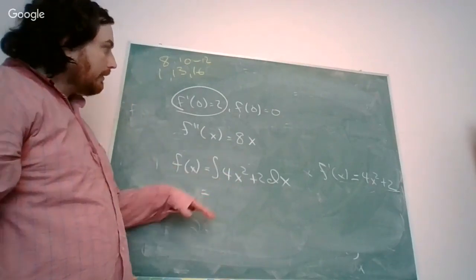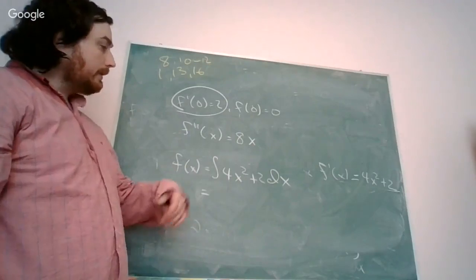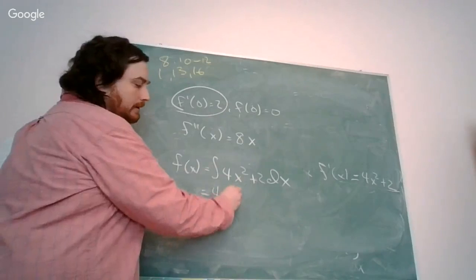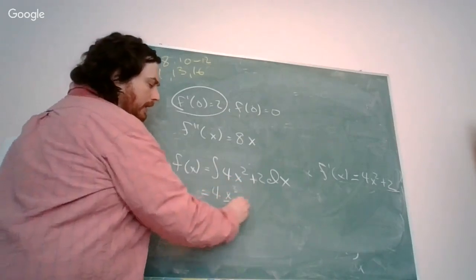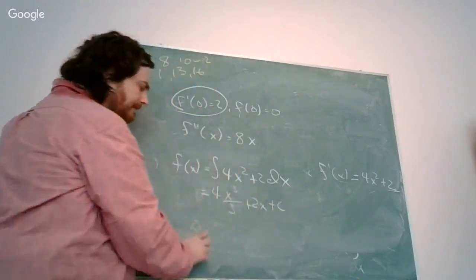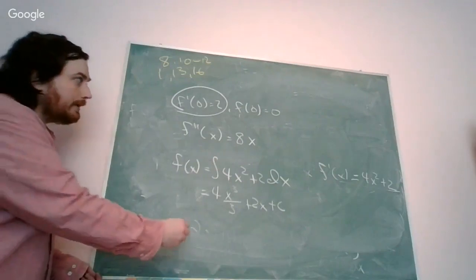Again, I'm going to get a c out, and I'm going to have to solve for c using my f of 0 is 0. So I'm just going to integrate. The antiderivative of this is 4 stays, so x cubed over 3 plus 2x plus c for my constant of integration. And then I'm going to follow the same process.